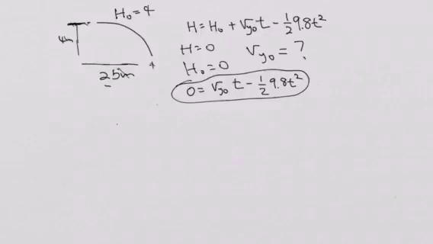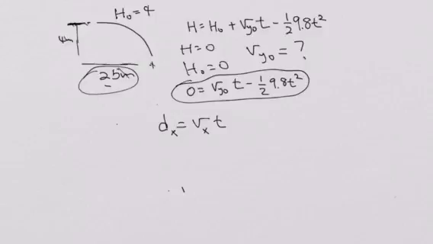Well, what are we not using? We're not using the fact that we know that it went 25 meters in the x direction. The distance in the x direction is going to be equal to the velocity in the x direction times time.